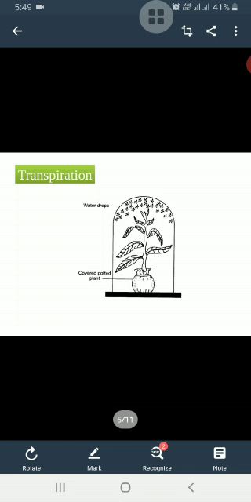What caused the water droplets to collect on the inner surface of the bell jar? Since the soil has been covered completely, the water comes from the leaves. This shows that transpiration is done by the leaves.